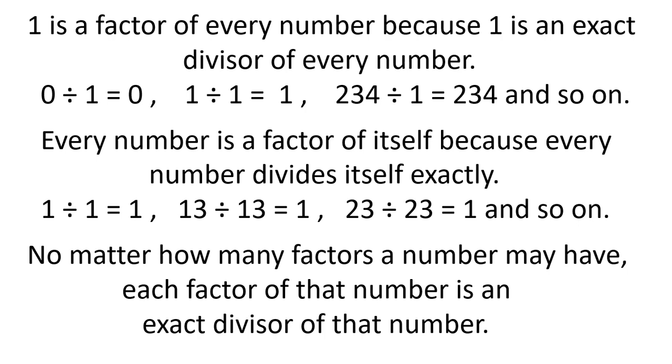So 1 upon 1 is 1, 13 upon 13 is 1, 23 upon 23 is 1, and so on. And no matter how many factors a number may have, each factor of that number is an exact divisor of that number.